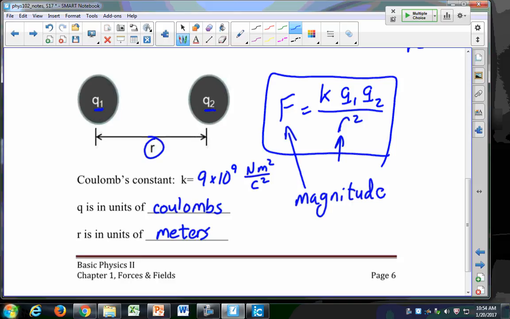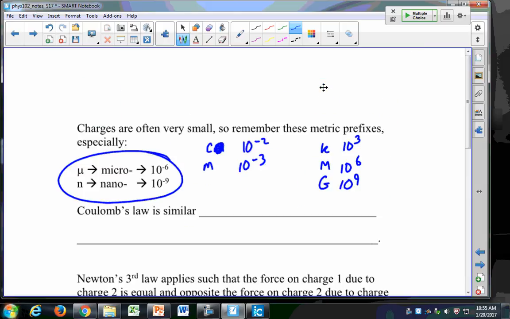We'll consider the direction of the force based on the idea that like charges repel and opposite charges attract. If I have two positive charges, they fly away from one another, and a positive and a negative charge attract one another. So we'll just use Coulomb's law to calculate the magnitude of the force.